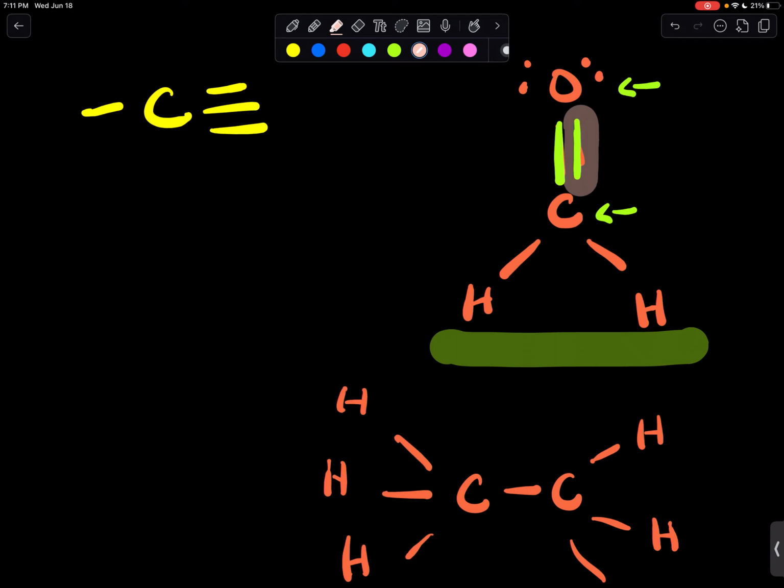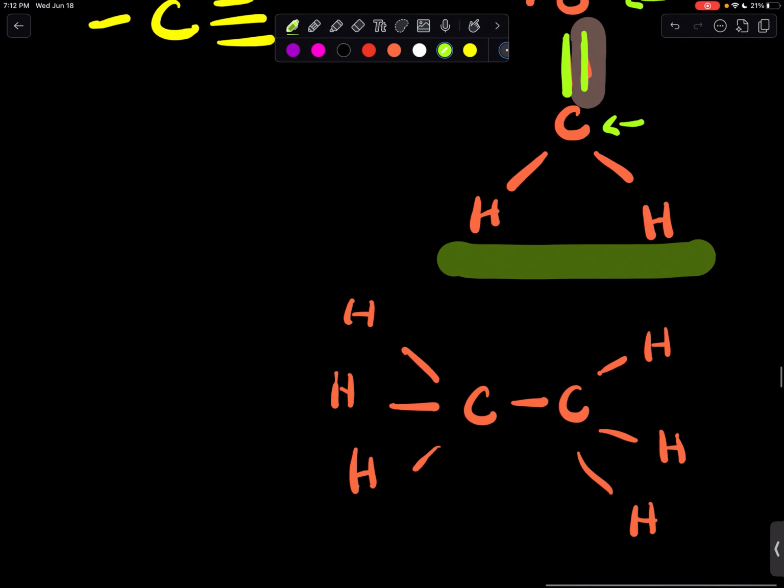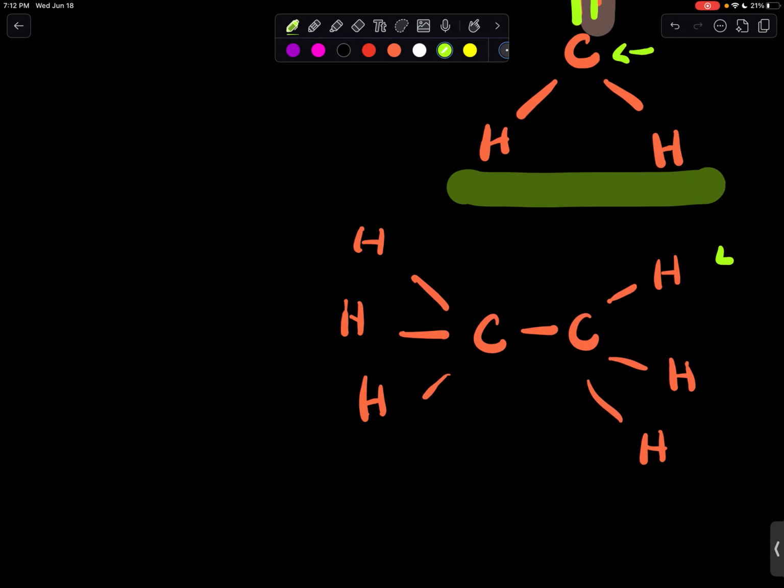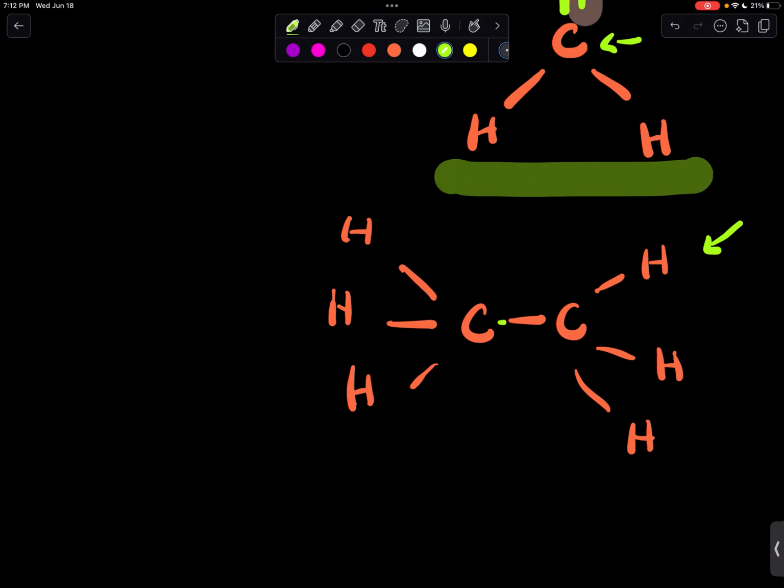So with that out of the way, now that you know sigma and pi, the type of bond between this carbon and this oxygen makes it so it doesn't rotate freely. So it doesn't experience free rotation. Now, this structure underneath here, you have a carbon bonded to another carbon that is, as opposed to the pi bond on the structure above, just a single bond, also known as a sigma, right?